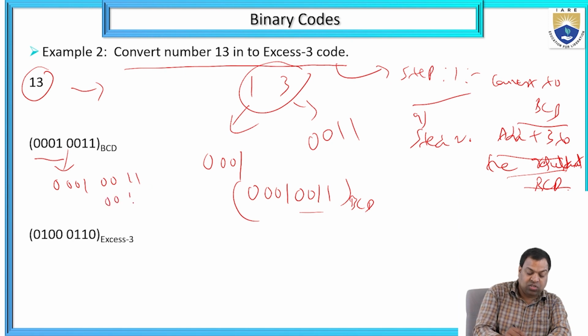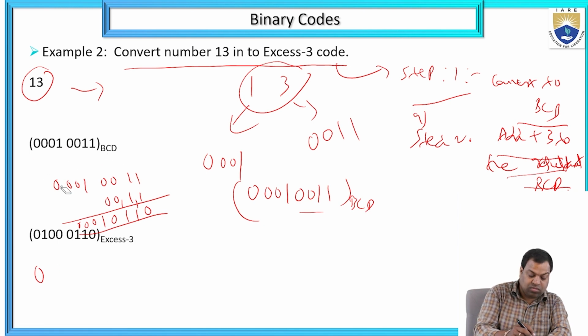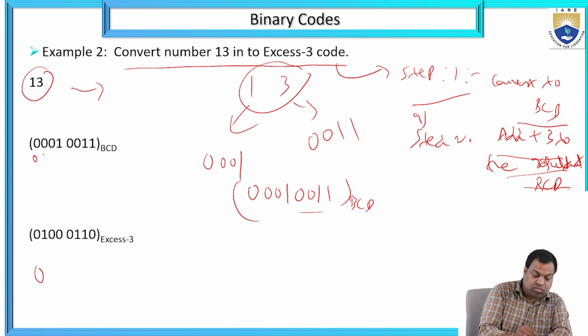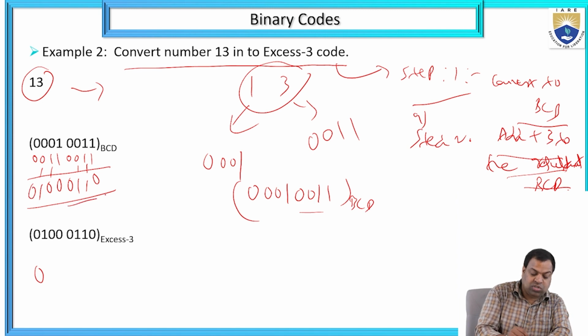We are adding 1 plus 1, 10, 0 plus 1, 1 plus 1, 10, 11, 0 plus 0 plus 1, and so on, bit by bit with carries. The result is 0100 0110.